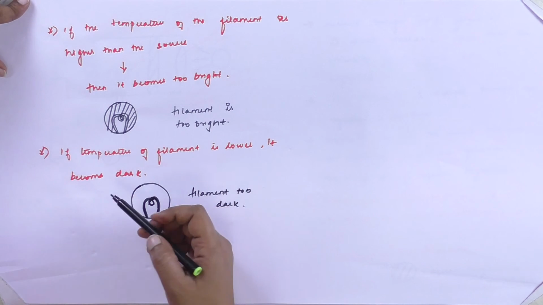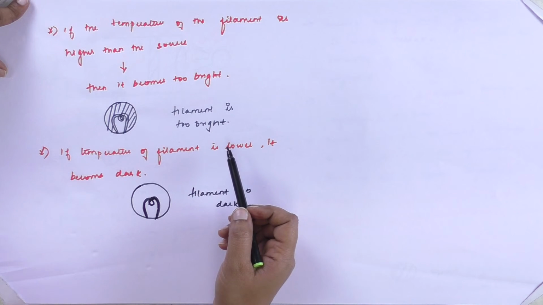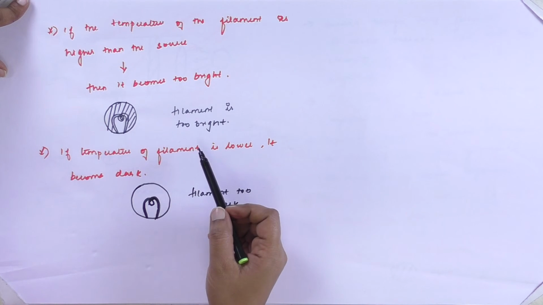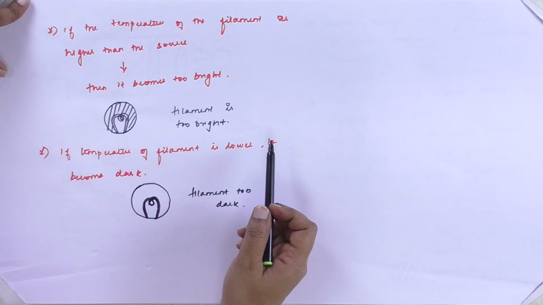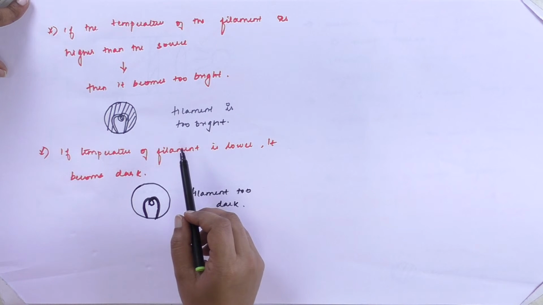So we know that the intensity of the light of any wavelength depends upon the temperature of the radiating body, and temperature of the filament depends on the current through the lamp.